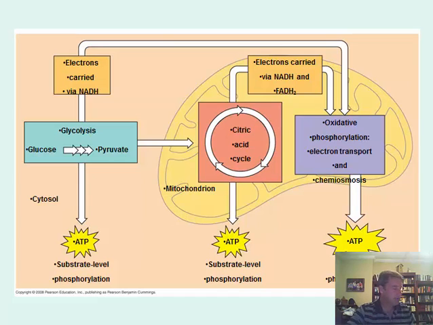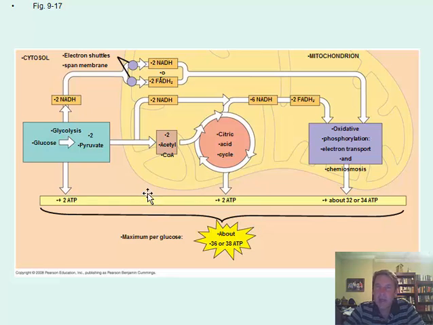Most of our ATPs are produced here. We can look at some numbers of how much is produced: about 2 from glycolysis, about 2 from the Krebs cycle, and about 32 or 34 from the electron transport. That's where most of our energy molecules come from.